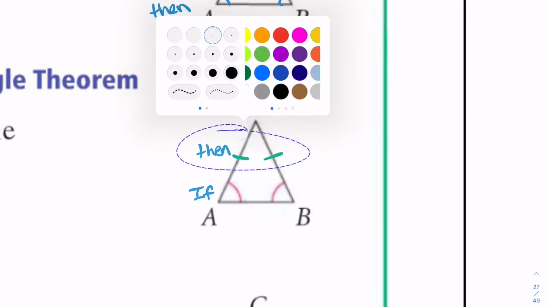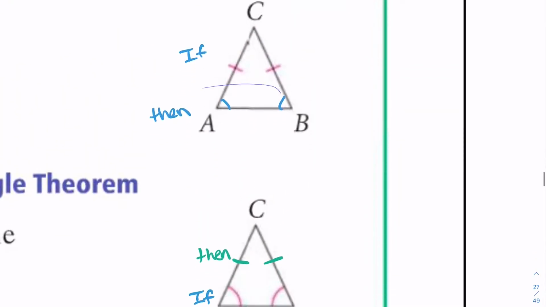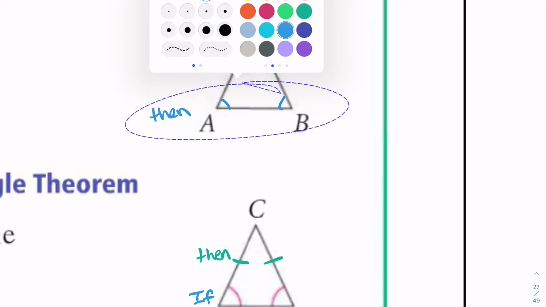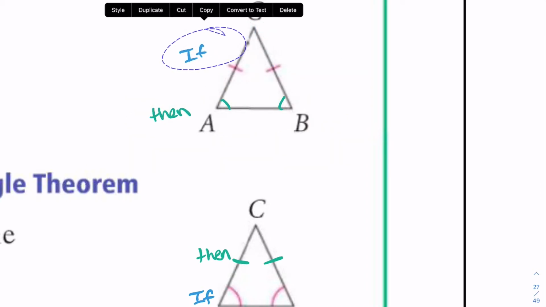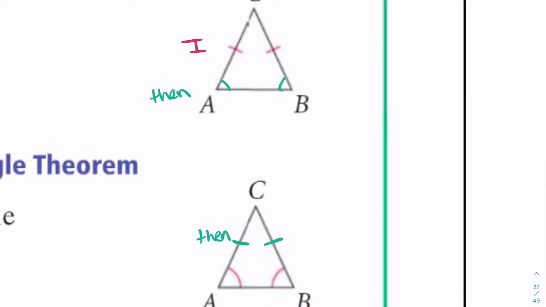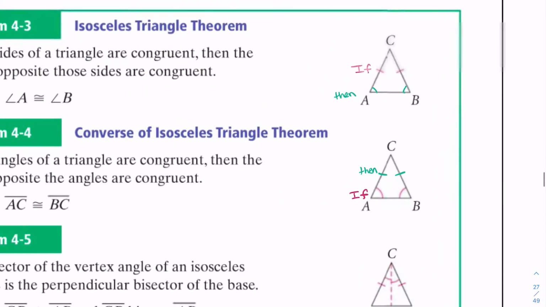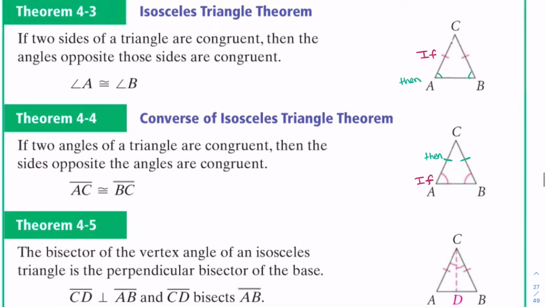So in green are the thens. Let me change all of this. And then in pink I will do the ifs: if those, then those, if those, then those. That's what these two state.